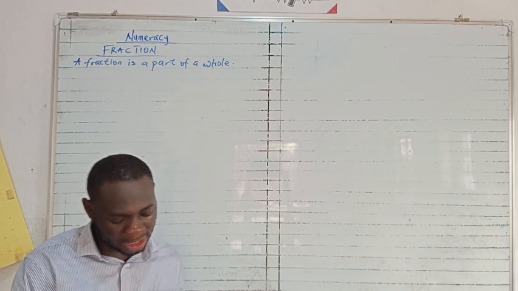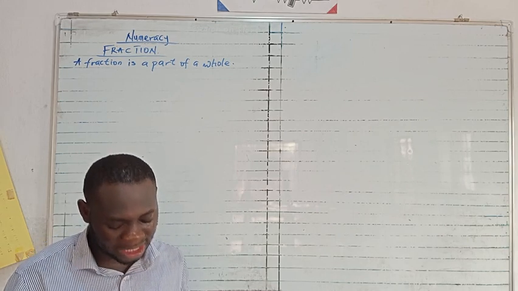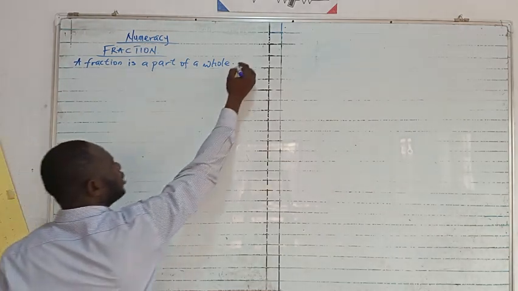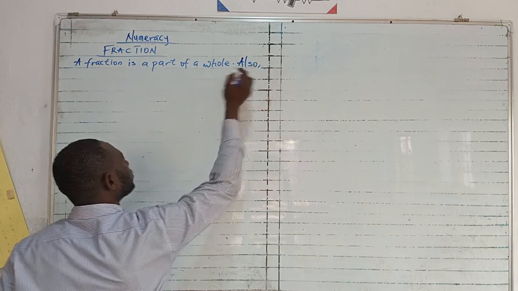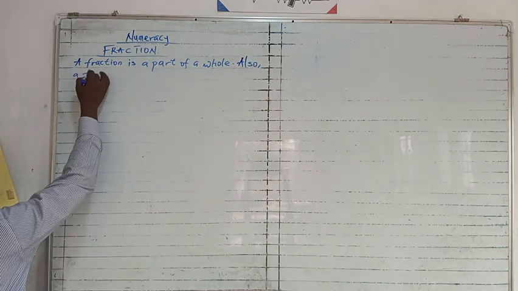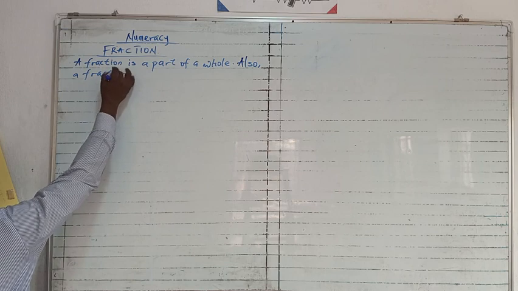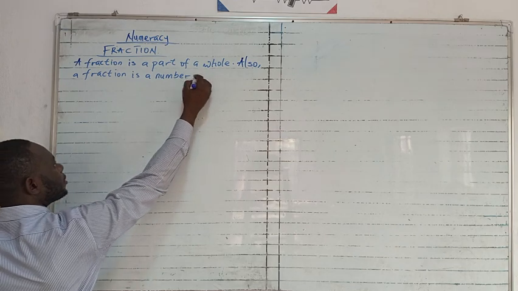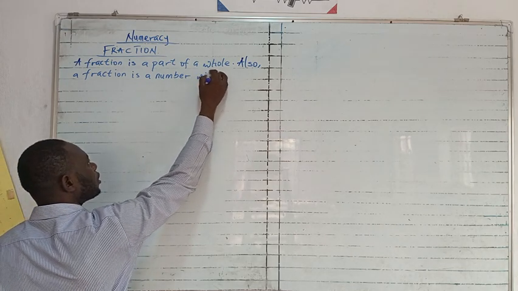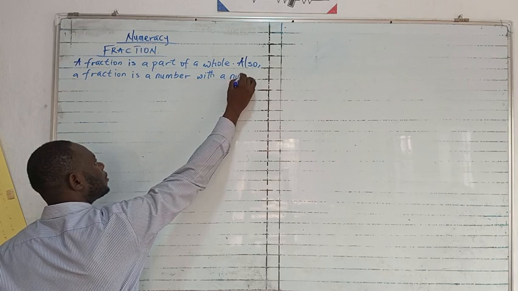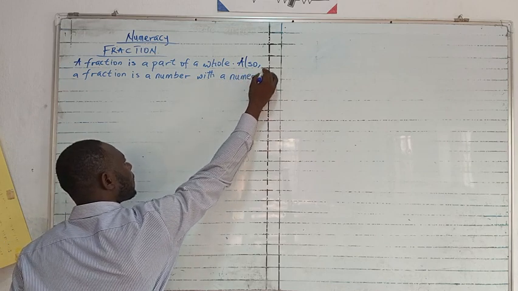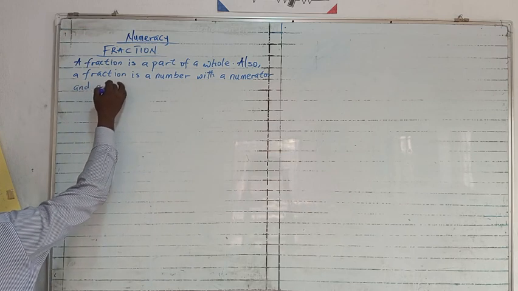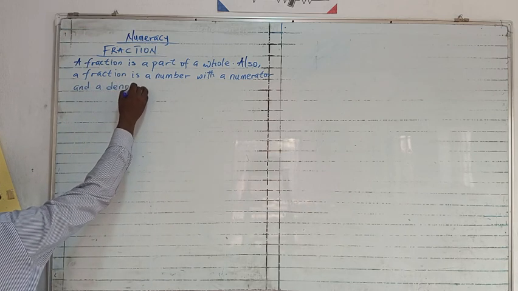Okay? So we can also say that a fraction is a number that has a numerator and a denominator. So we can say here, also, a fraction is a number with a numerator and a denominator.